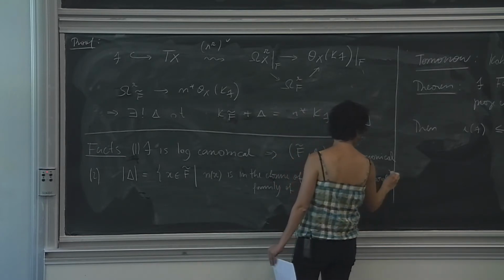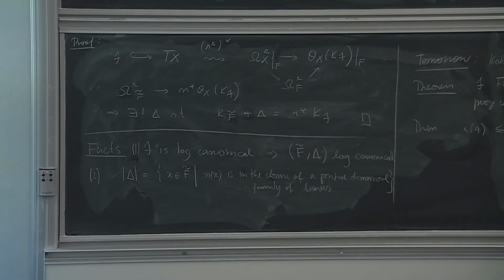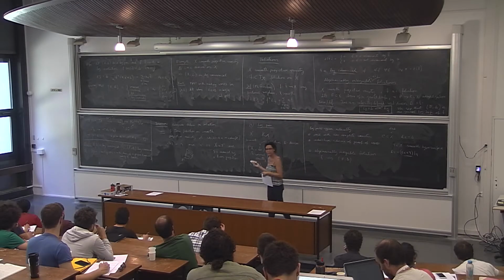So let me give you some examples. Sorry, I started with fixing a general leaf. F is a general leaf, and then I take the normalization.